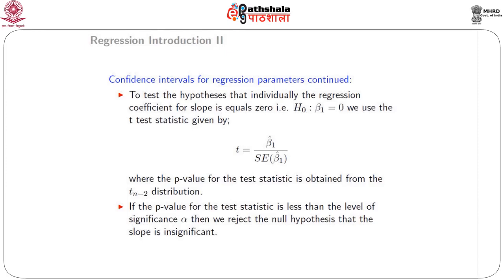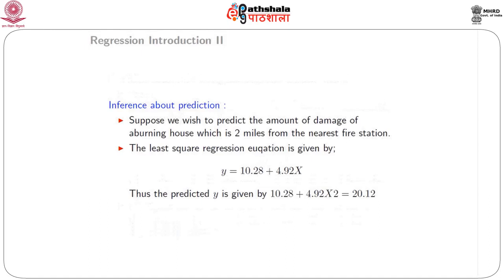The rejection criteria is, if the p value corresponding to this statistic is less than the level of significance alpha, then we reject the null hypothesis that the slope is insignificant. So, we have just seen how we can test individually the slope parameter of the regression line. We can also perform a test on the intercept parameter beta naught, but it does not make much sense and it is not usually done in statistical practice.